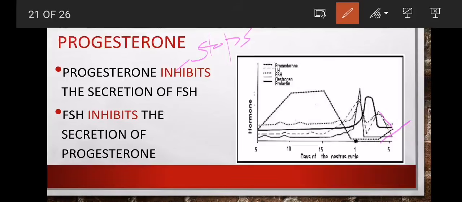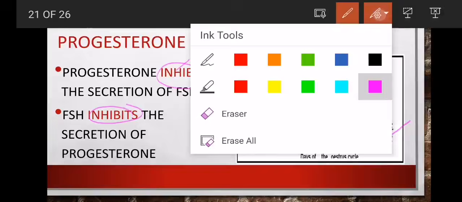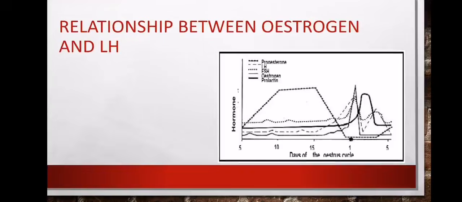It's decreasing. Hence we say progesterone inhibits the secretion of FSH. Since the progesterone was increasing, FSH was decreasing. So that's how you put it. It's vice versa. If one is increasing, the other one is decreasing. But this is the term that you use, inhibits. It's the simplest part of understanding it.